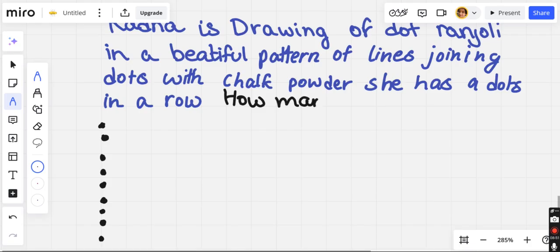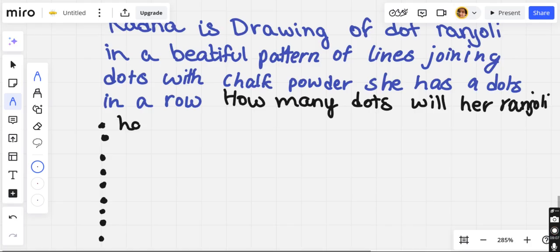How many dots will her rangoli have if there are 8 rows? How many dots are there if there are 10 rows?